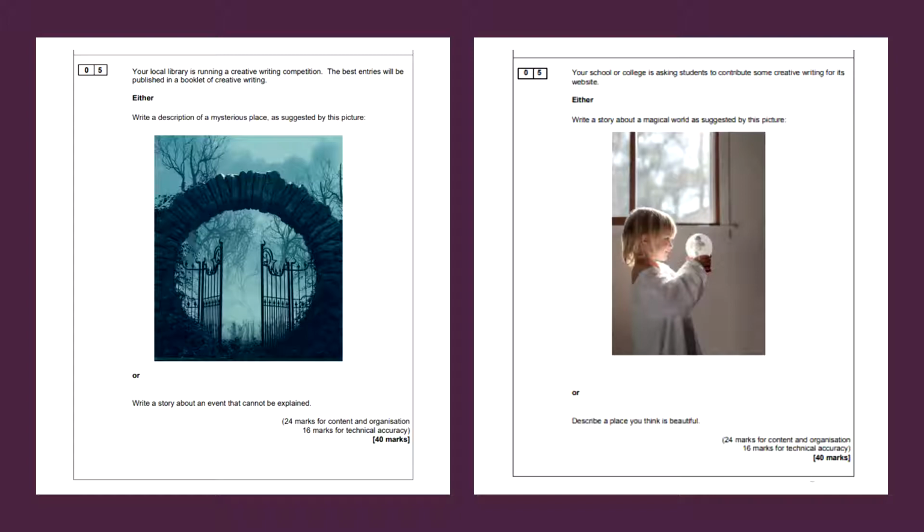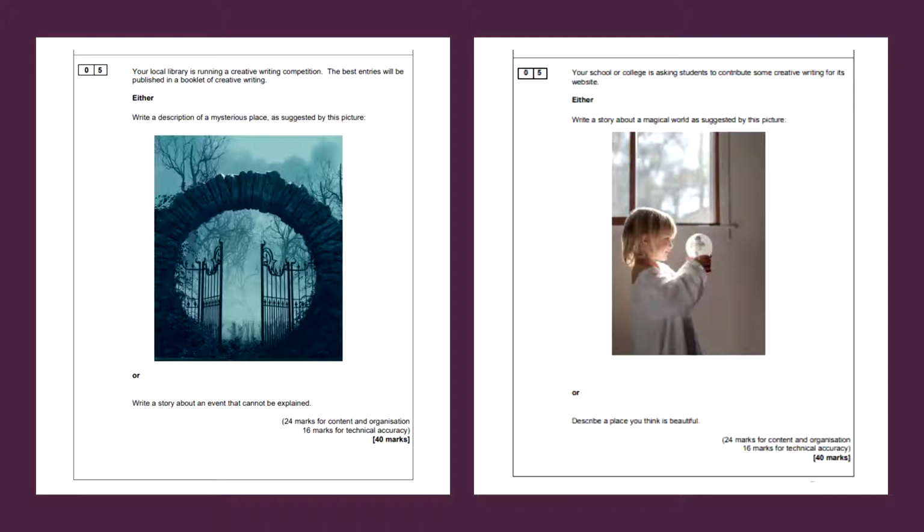The paper on the right hand side, actually the picture is used to prompt the narrative, the story. Instead, for the description, it just simply gives you a statement. Describe a place you think is beautiful, a command. Describe a place you think is beautiful, and you can then have the freedom to choose anywhere that you might want to describe.